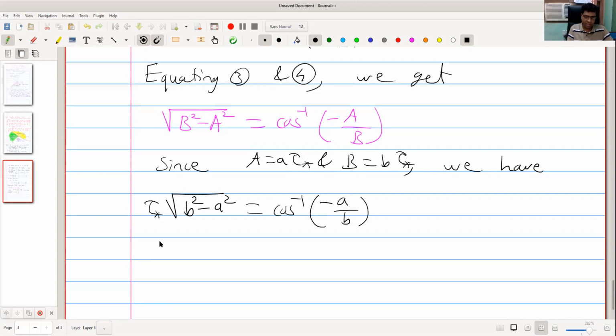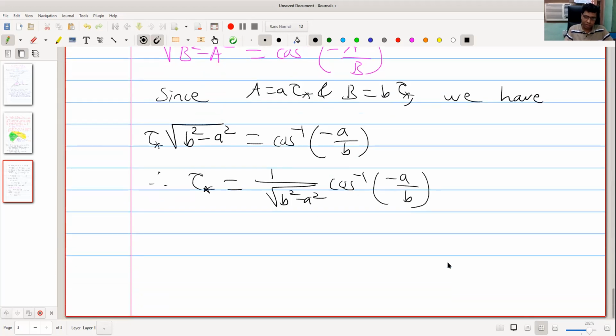Therefore, tau star is 1 upon square root of small b square minus a square, cos inverse of minus a upon b. This is the critical value of delay tau. Such values are called critical, which decide the stability.